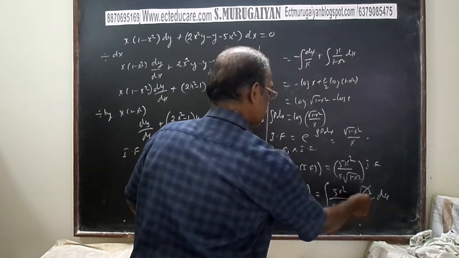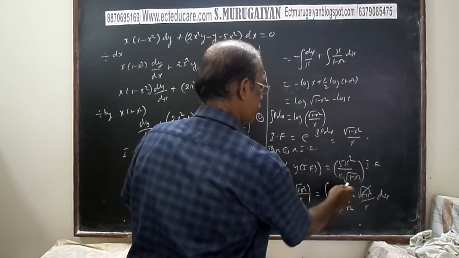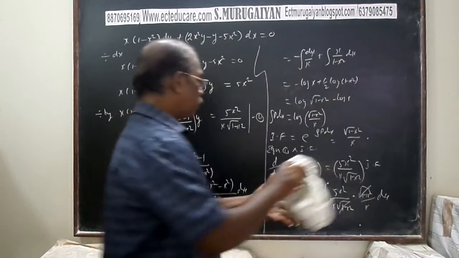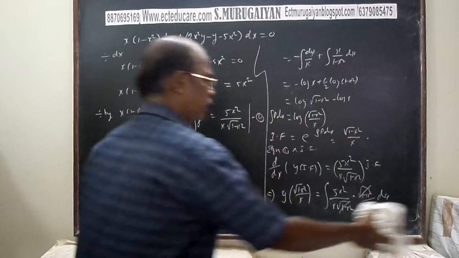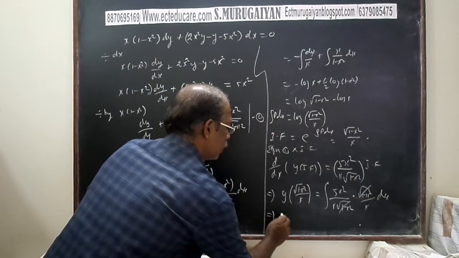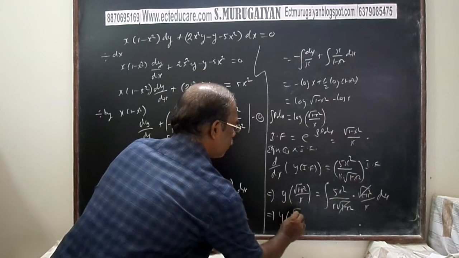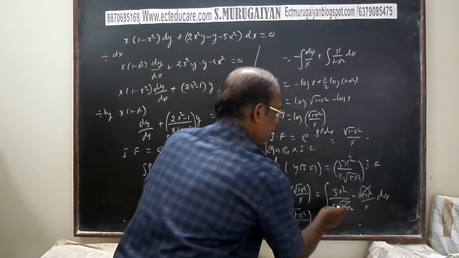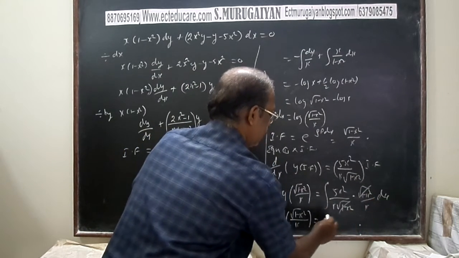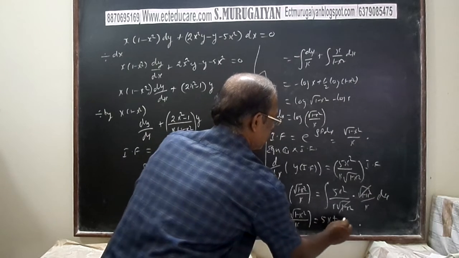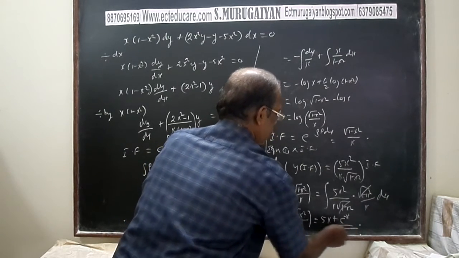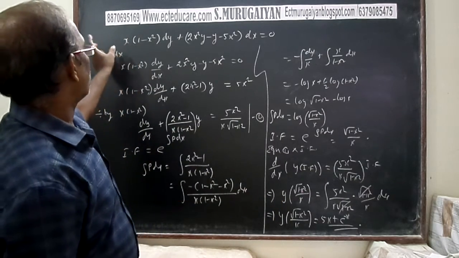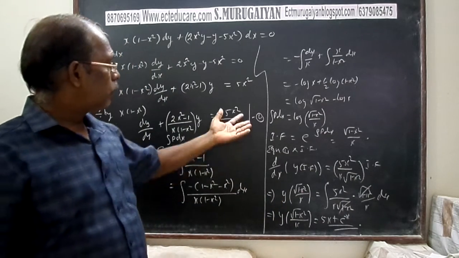You can cancel, leaving only 5 dx. Finally, y√(1 − x²)/x equals 5x with an arbitrary constant. So this is the general solution of the given differential equation.